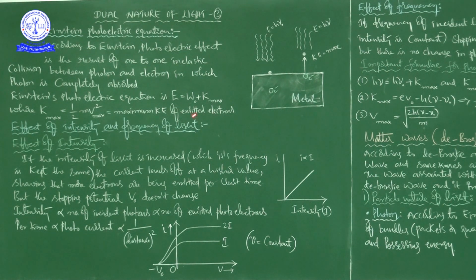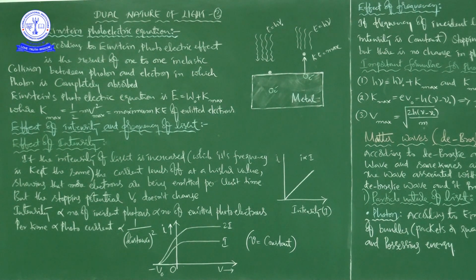It is like an equation which gives the relation among three things: the energy of the incident radiation, the energy required for the electron to come out from a metal, and the kinetic energy of the electron. Where the general formula is K is equal to half mv square.